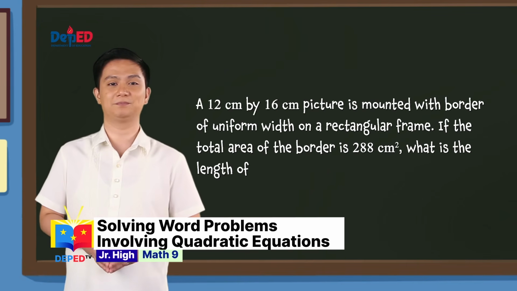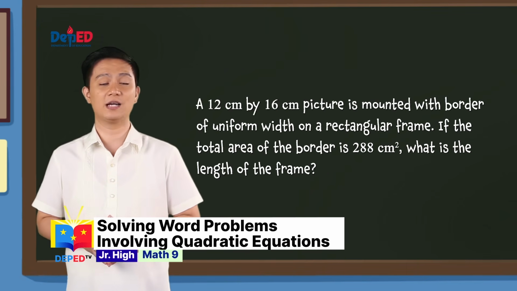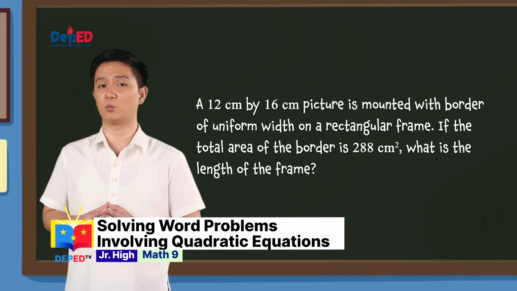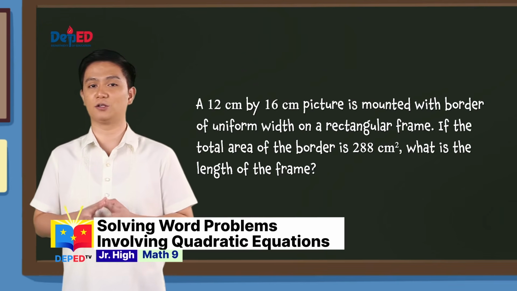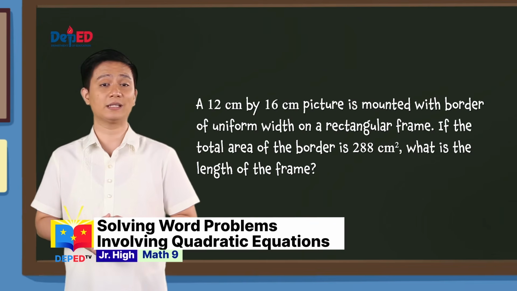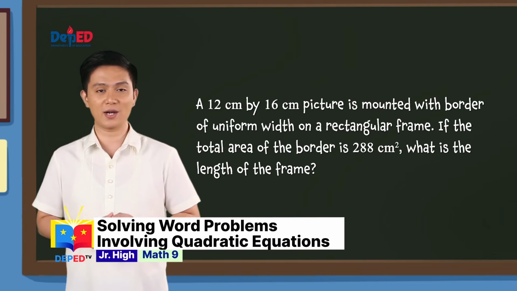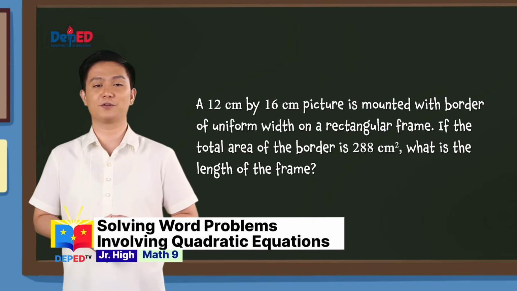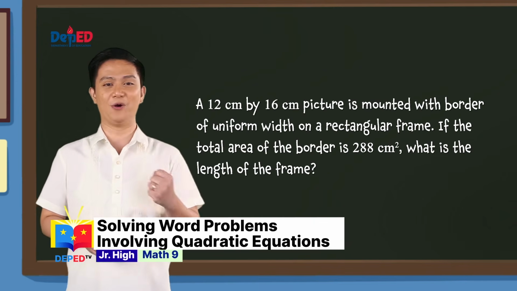Problem number 3. A 12 cm by 16 cm picture is mounted with a border of uniform width on a rectangular frame. If the total area of the border is 288 square centimeters, what is the length of the frame? For 30 seconds, go!